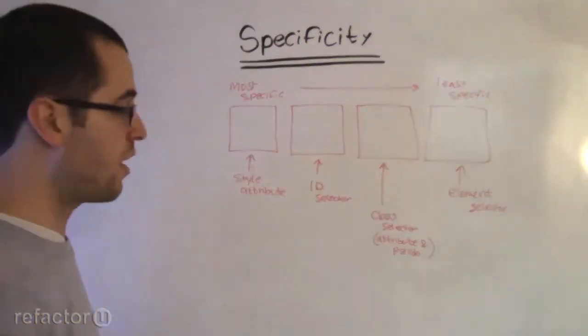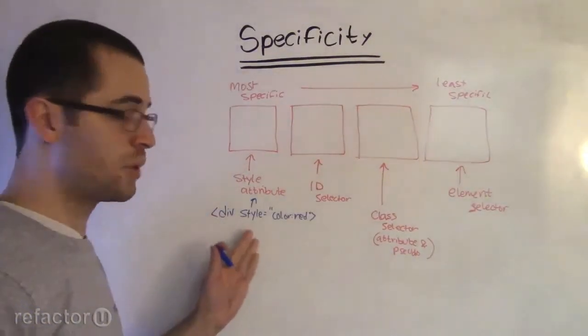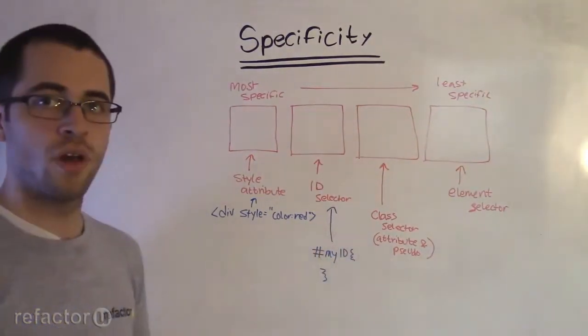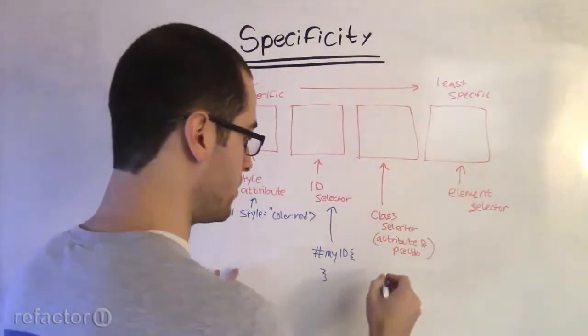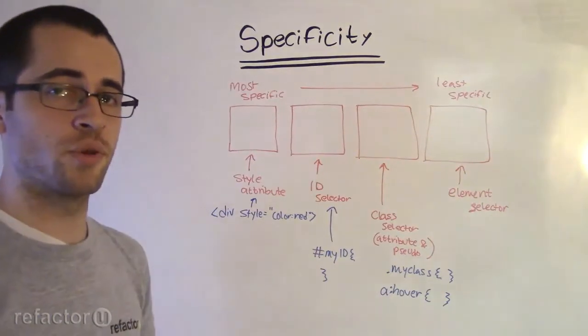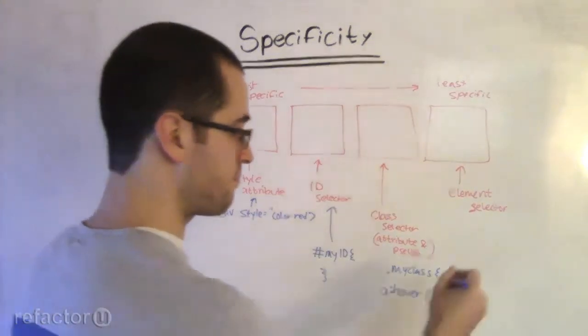An example of the style attribute might be something like, so this will be the most specific. Next, with an ID selector, that'll be the next most specific. With a class selector, or a pseudo selector, these will be the next most specific. And finally, we have the least specific.